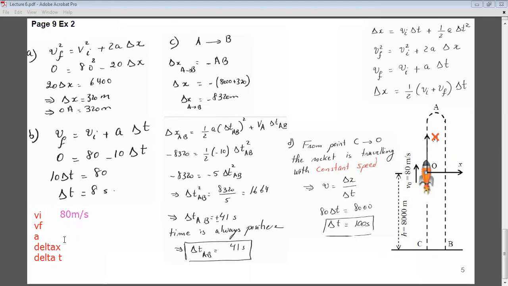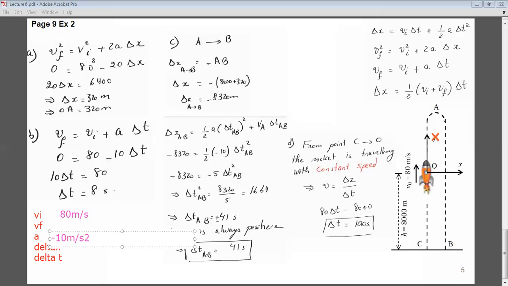How much is the acceleration? It's minus 10 meters per second squared. Okay. So part A, this is the information I have. I have the V at O, 80 meters per second. I have the height as well. I will keep it on the graph. For now, I may not need it. And I have the acceleration, minus 10 meters per second squared.